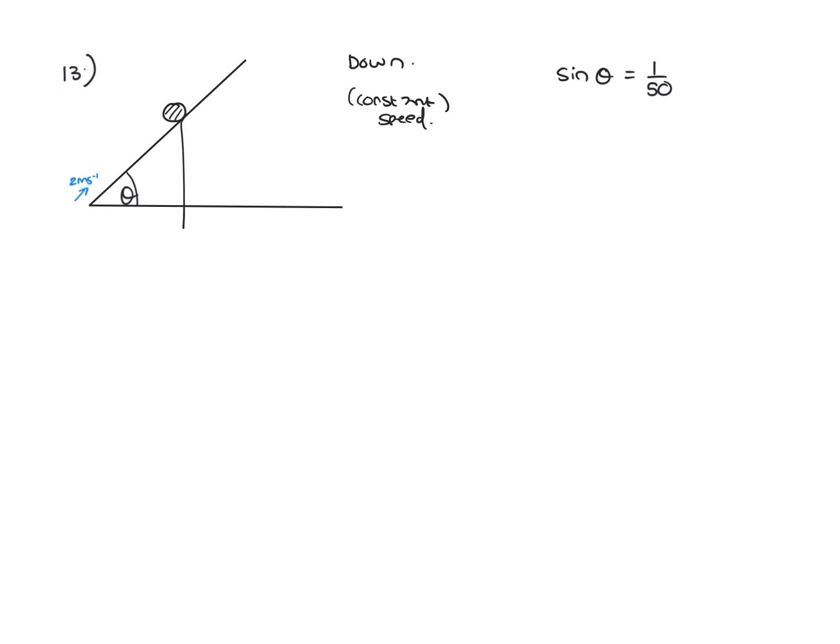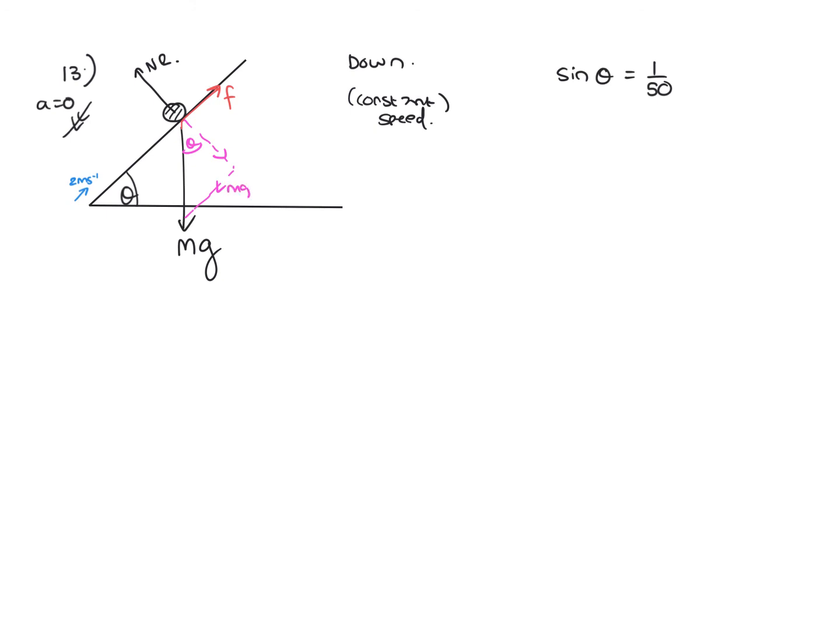So the sledge must have a mass, m kilograms, so a weight, mg. There must be a normal reaction. And we're accelerating down the slope. Well, actually, our acceleration is 0 because we're travelling at a constant speed. And let's put in a frictional force that we are going to have to try and find the value of. So my components of my weight look like that.